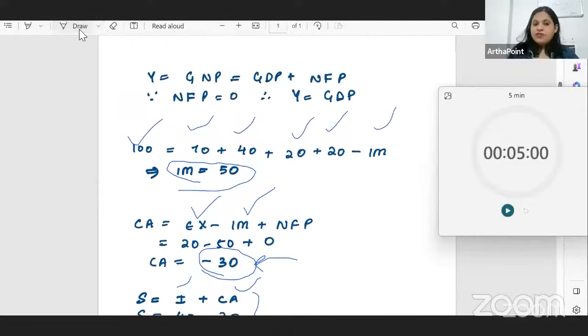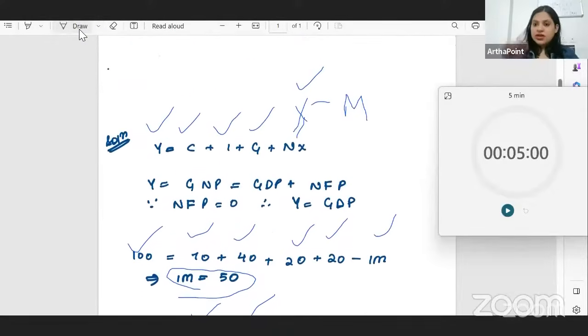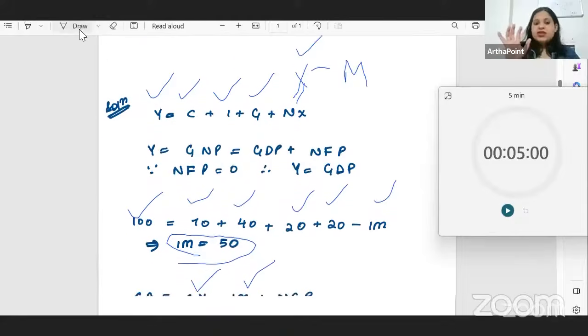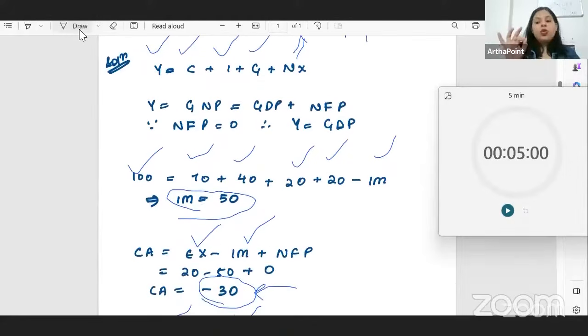Again, let me just explain it to you. Very simple. First of all, from the equation Y is equal to C plus I plus G plus NX, I found out the value of imports. Then I found out what will be my current account deficit by using export minus import.